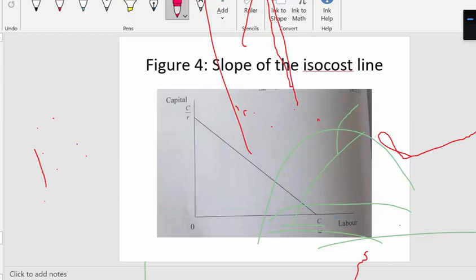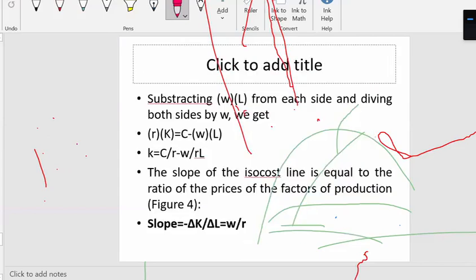The amount of capital must be C divided by what? By R, assuming labor is 0. But on the other side, labor will be C divided by W if K is 0. So my cost should lie along this line.